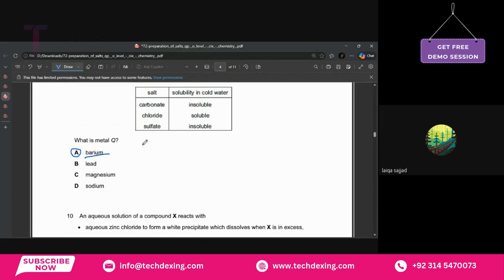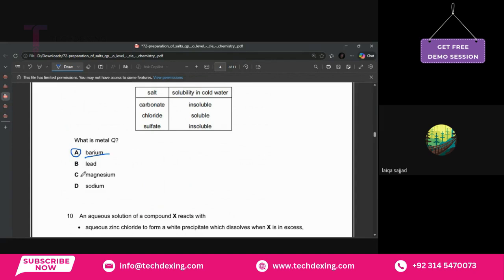Okay, moving to magnesium. Is magnesium carbonate insoluble? Yes. Magnesium chloride? Chloride is soluble. Very good. What about magnesium sulfate? Magnesium sulfate is soluble. Very good, excellent. So this cannot be the option.